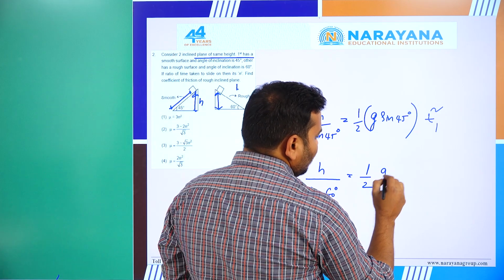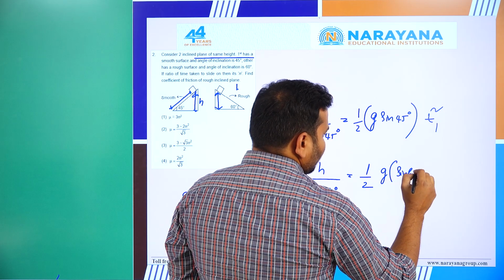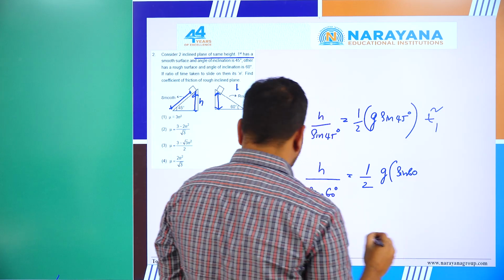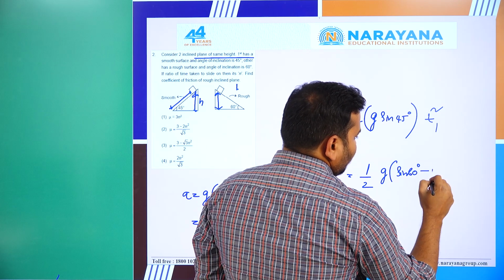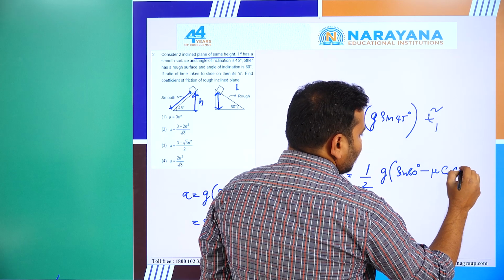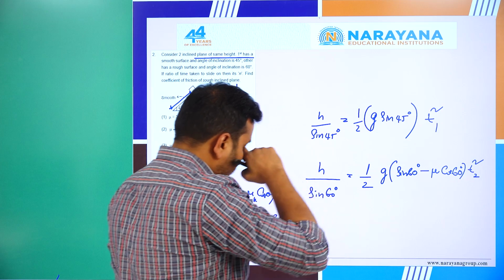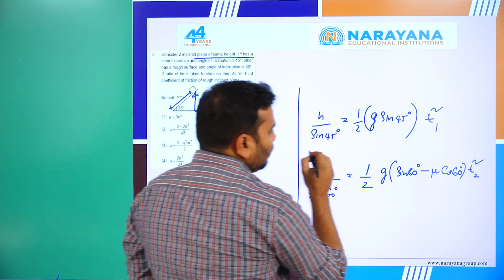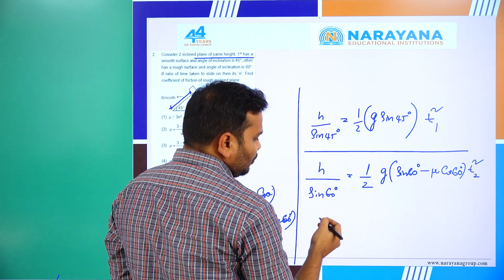This will become g into sin 60 degrees minus mu cos 60 degrees, into t2 square. This is the corresponding time. So if you divide both the equations, it will become sin 60 by sin 45.